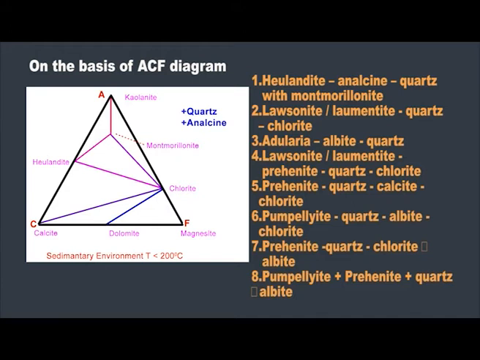Fourth, lawsonite, laumontite, prehnite, quartz, chlorite. Fifth, prehnite, quartz, calcite, chlorite. Sixth, pumpellyite, quartz, albite, chlorite. Seventh, prehnite, quartz, chlorite, plus or minus albite. Eighth, pumpellyite, prehnite, quartz, plus or minus albite.